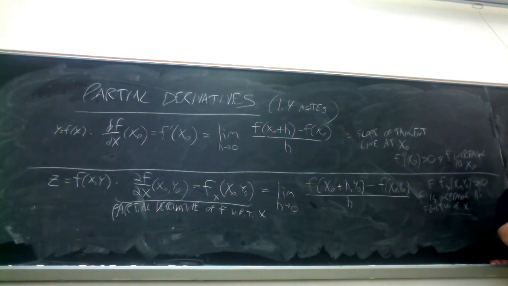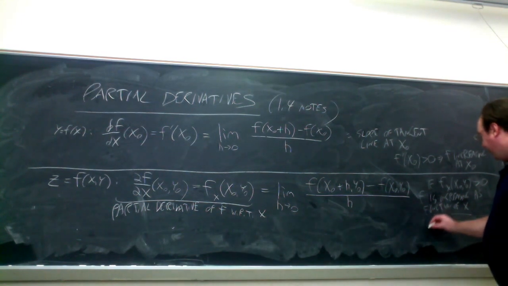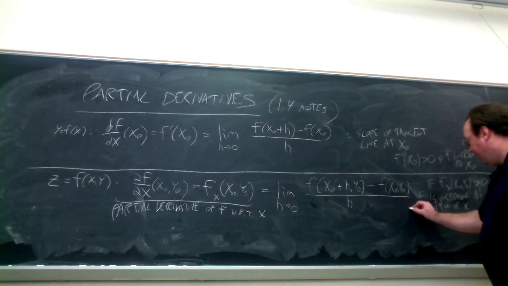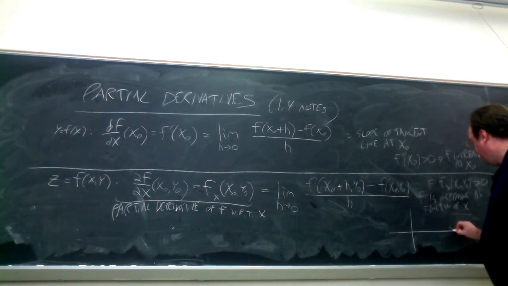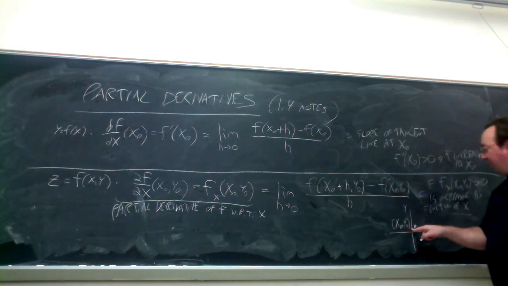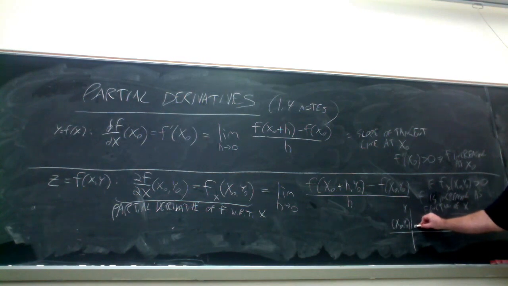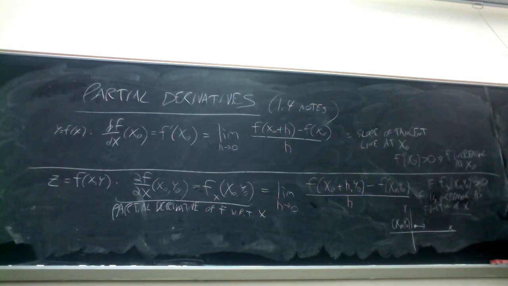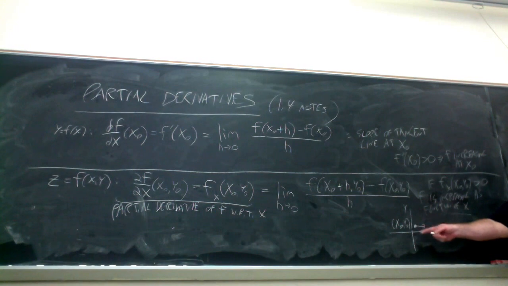So in other words, as you move away from point x naught, y naught in the x direction, so in my xy plane, here's my point, x naught, y naught. So if I move away from this point in this direction, along here we can say that f is increasing. But that says nothing about what happens if I move away from this point in a different direction, only in the x direction.